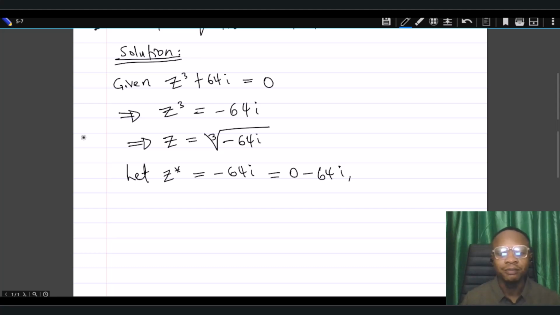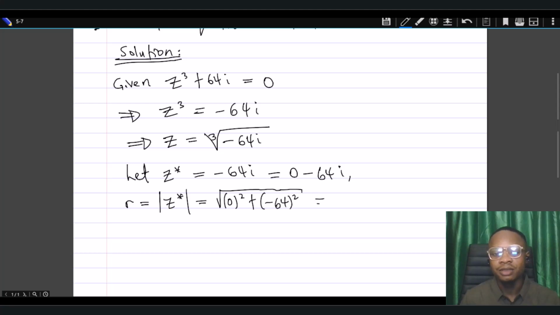So with that, we now know that our modulus r, which is the modulus of z star. Why am I calling it z star? Because the question originally provides for z, so I want to avoid mixing them up. That's why I've called this z star. So this is going to be equal to the square root of the real part 0 squared plus the imaginary part, minus 64, squared. So obviously this is going to be just 64 at the end of the day.